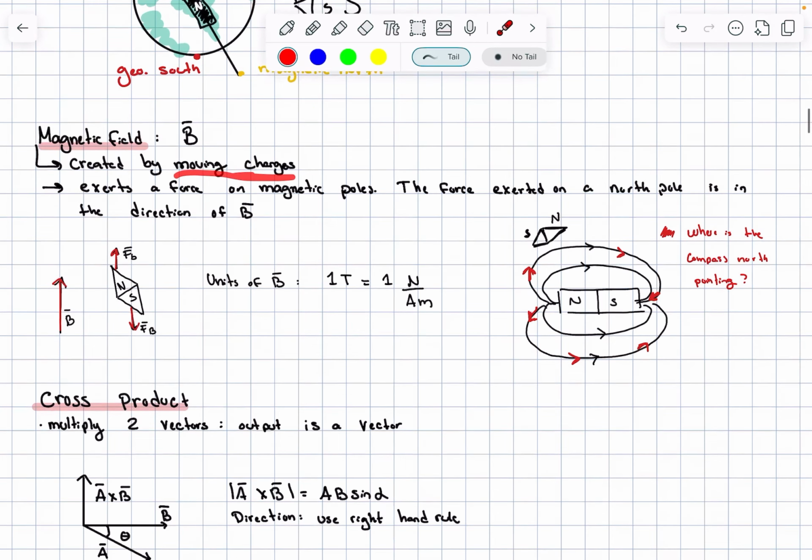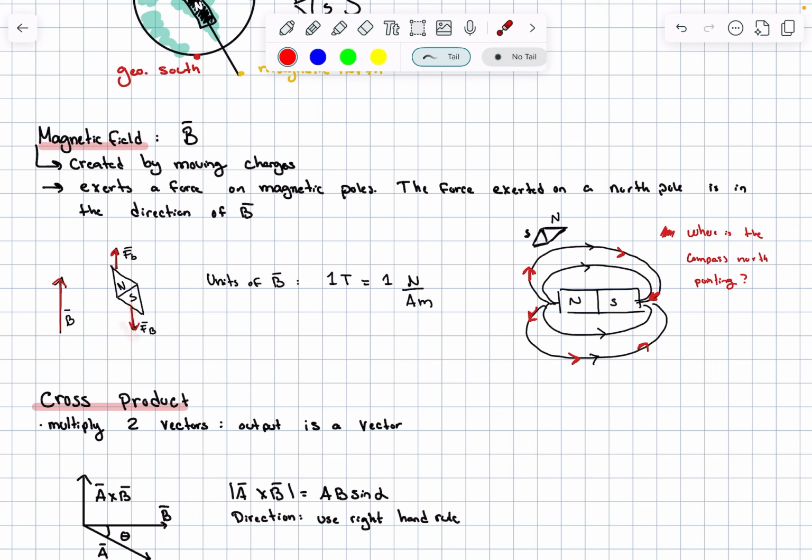Now the magnetic field exerts a force on magnetic poles. The force exerted on a north pole is in the direction of B. So if we place a compass here in a magnetic field, well, the north pole of the magnet feels a force in the direction of B, and the south pole of the magnet feels a force in the opposite direction, so down here.